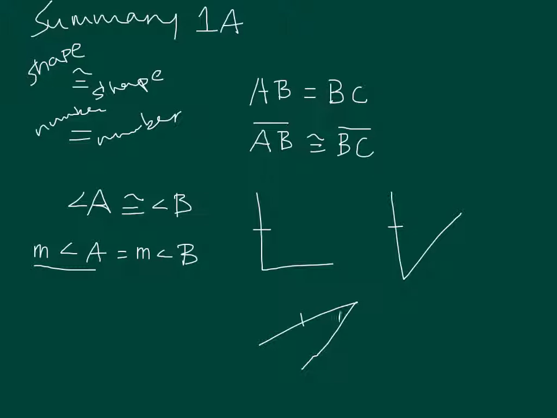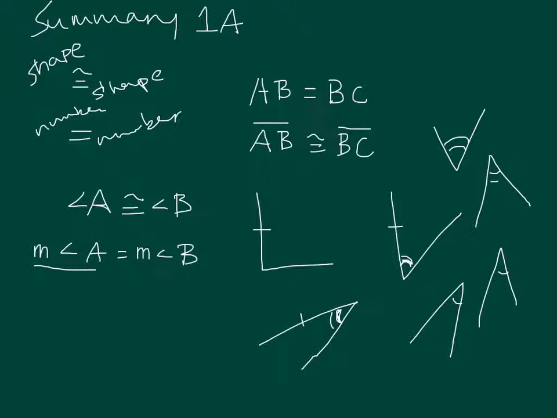You can also use tick marks to say that angles are the same. You can use two marks to say that's the same degrees. Or you can have other angles like this. For example, you can say this angle and this angle are exactly the same, and that angle and this angle are the same.